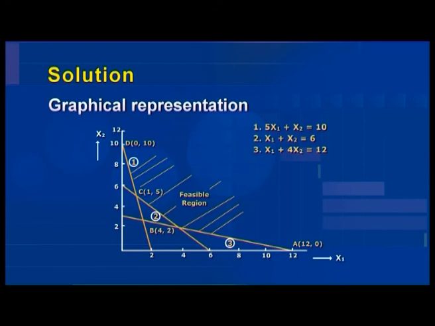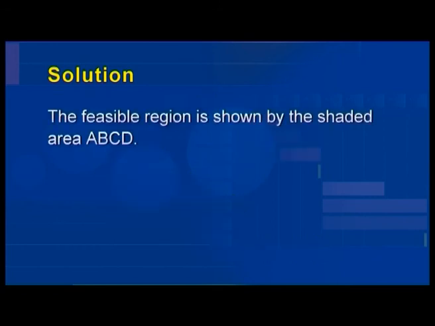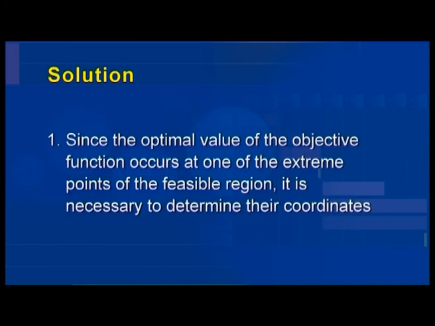Since all the constraints have been graphed, the area which is bounded by all the constraint lines, including all the boundary points, is called the feasible region or solution space. The feasible region is shown by the shaded area A, B, C, D. Since the optimal value of the objective function occurs at one of the extreme points of the feasible region, it is necessary to determine their coordinates.